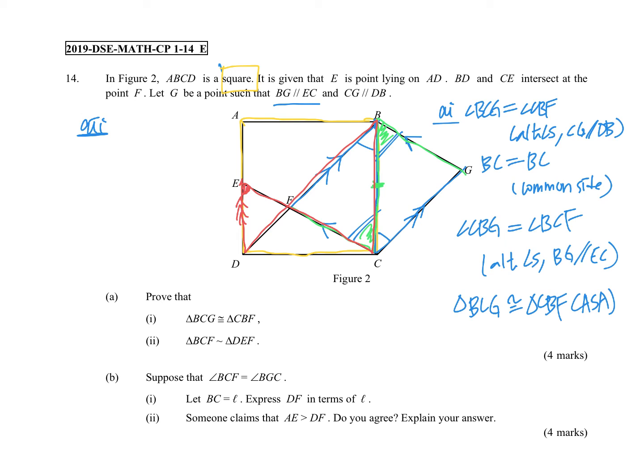Maybe we can use this pair of angles. Angle DEF equals angle BCF. That will be alternate angles again, AD parallel to BC.